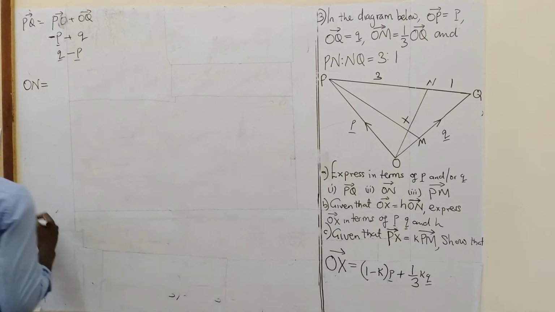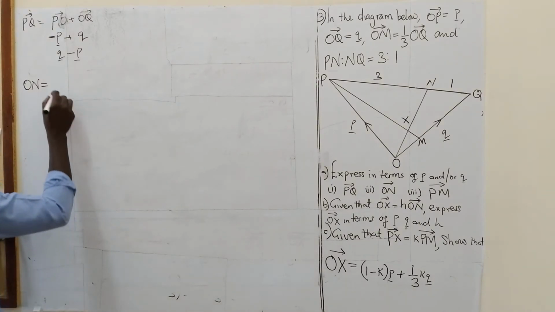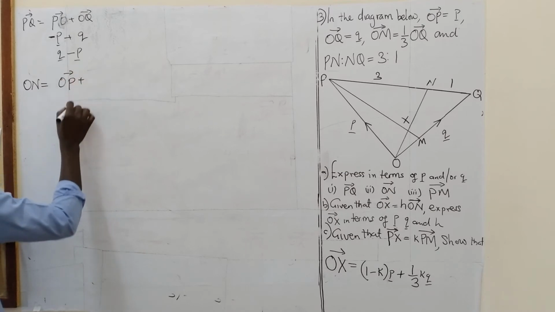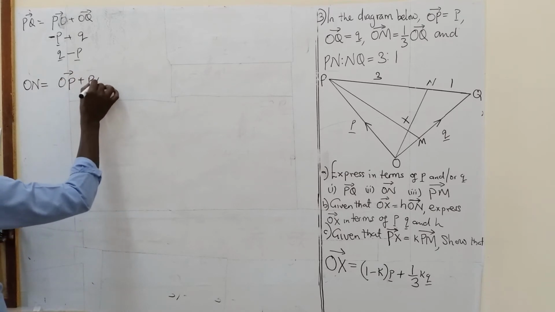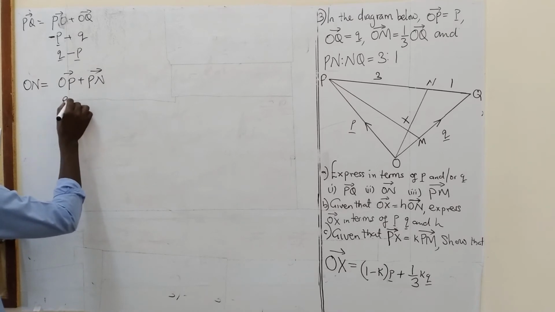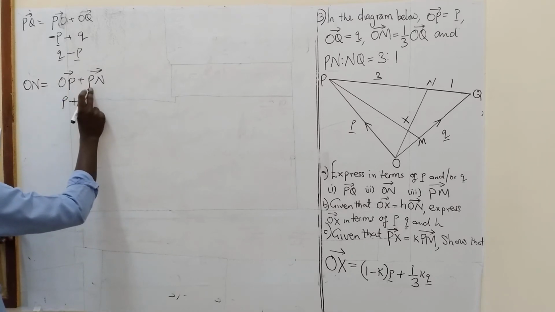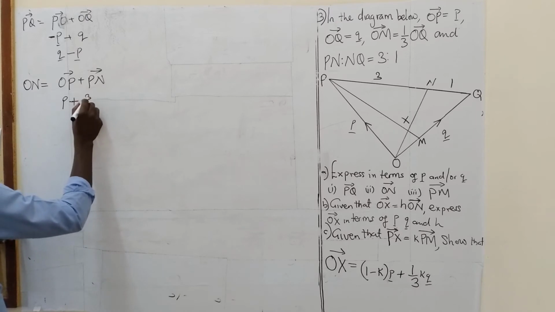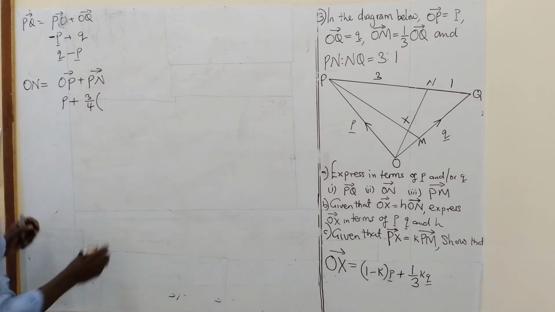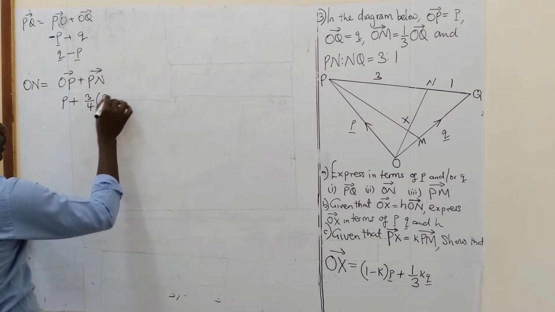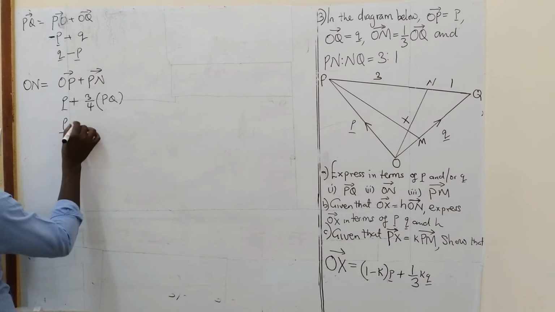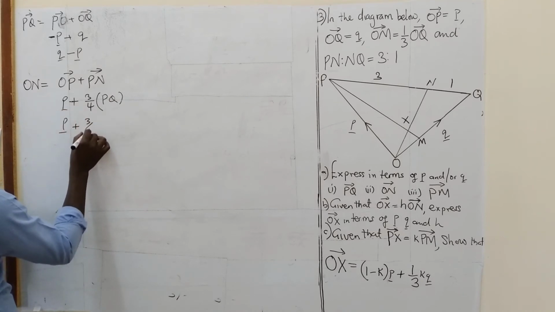So we are going to have ON is equal to OP plus PN. So OP is equal to what? p. Then plus PN is equal to 3 over 4 of what? Of PQ. So our p here plus 3 over 4 of PQ.